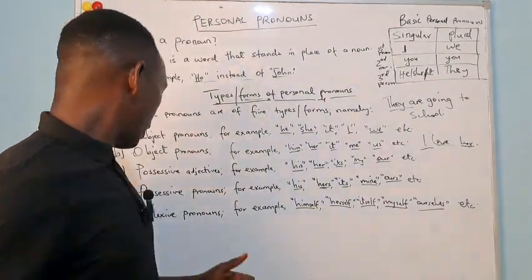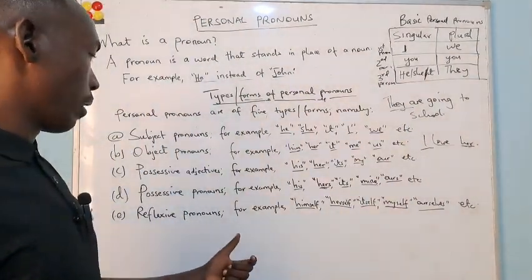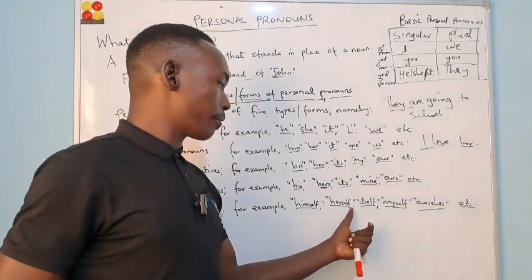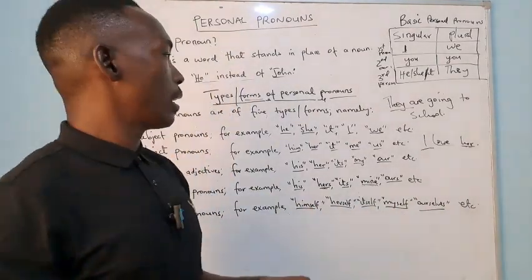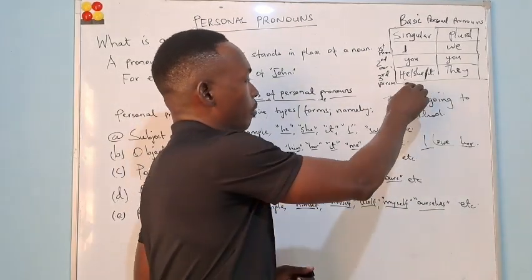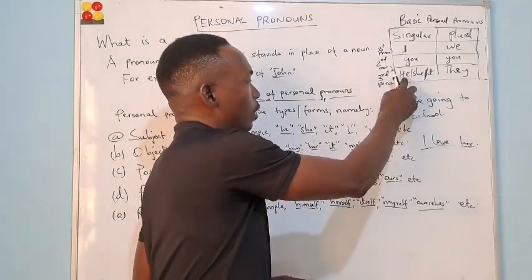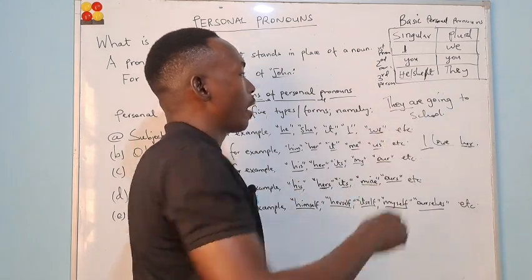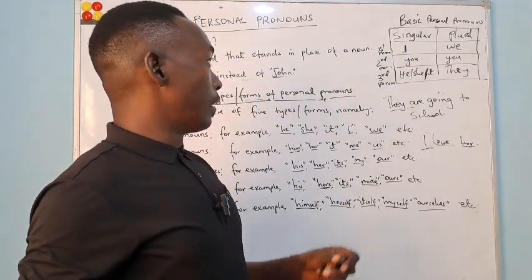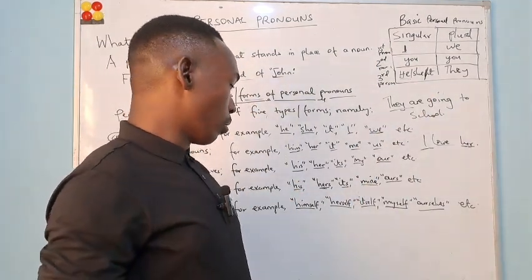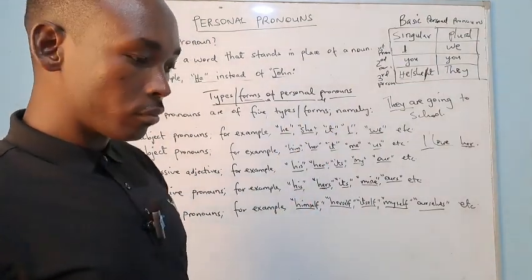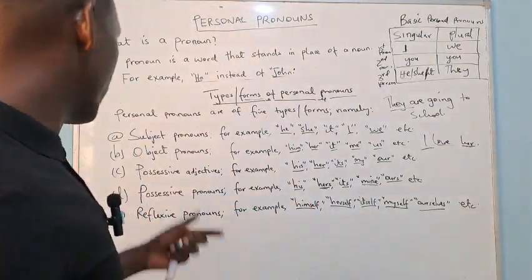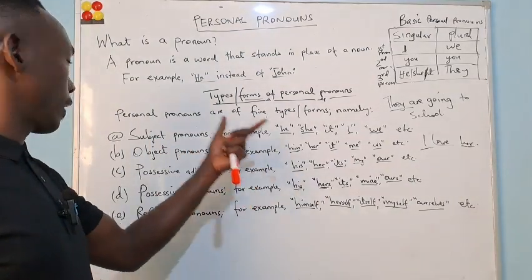Okay? Here we have reflexive pronouns like himself, herself, itself, myself, ourselves. For example, you say himself. Himself originates from here. You see? That's why I say these are the basic forms, basic personal pronouns. So they can turn into all of these. Here we can see we have subject pronouns.